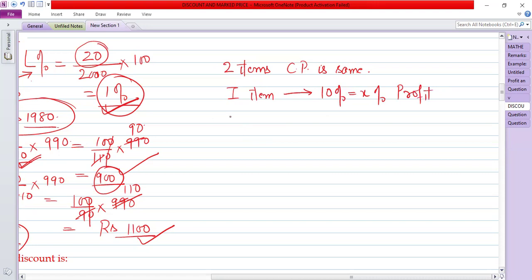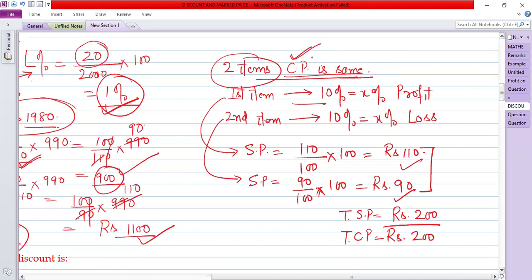And the second item, so this is the first item, here it is the second item, again is sold at say 10%, this is our X%, but it is X% loss. Okay. Now, in this scenario, the person will have no profit, no loss, if the cost price is same.